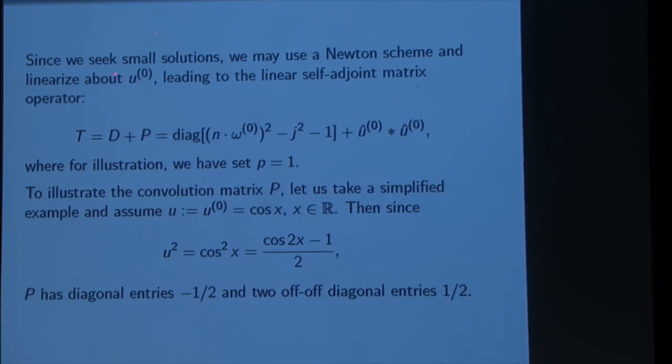So therefore, you have the linear self-adjoint matrix operator, this is the diagonal part, and then you have the convolution matrix, where for illustration, I just took the cubic nonlinearity. After you linearize, you just have this. This term is just the Fourier transform of U squared.